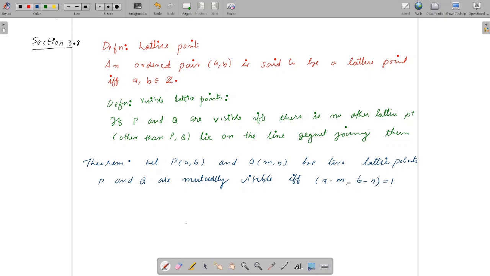So this is the theorem. This is the characterization for mutually visible lattice points.